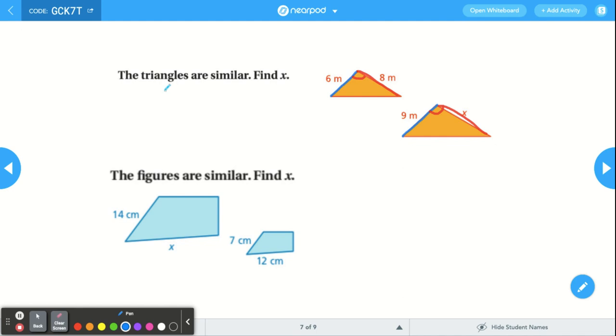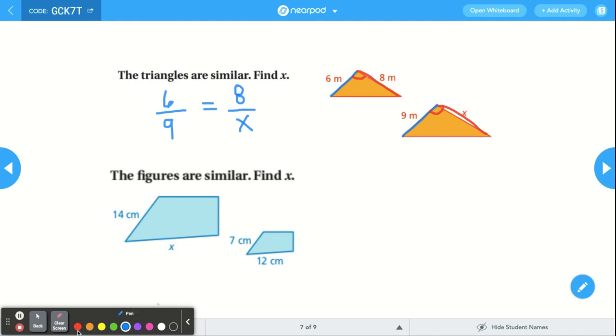The first triangle has a length of 6. The second one has a length of 9. And we have a length of 8 comparing to x. There's a couple of different ways to figure out what the x is worth.